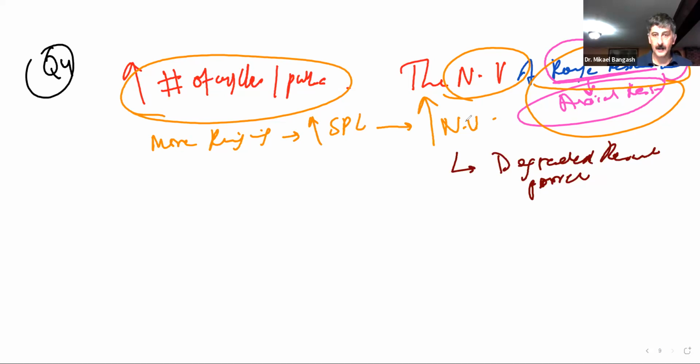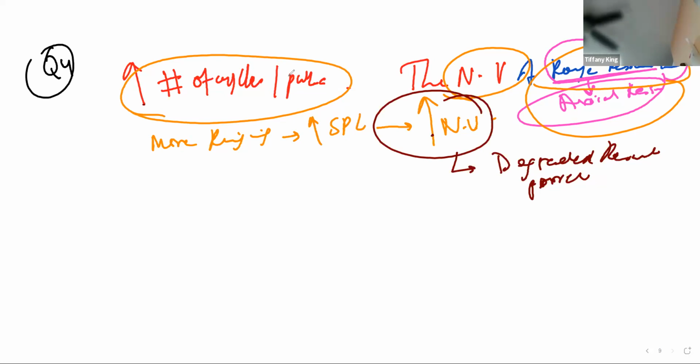So the numerical value, what they ask, is going to increase if you increase the number of cycles per pulse. Did that make sense? Good.